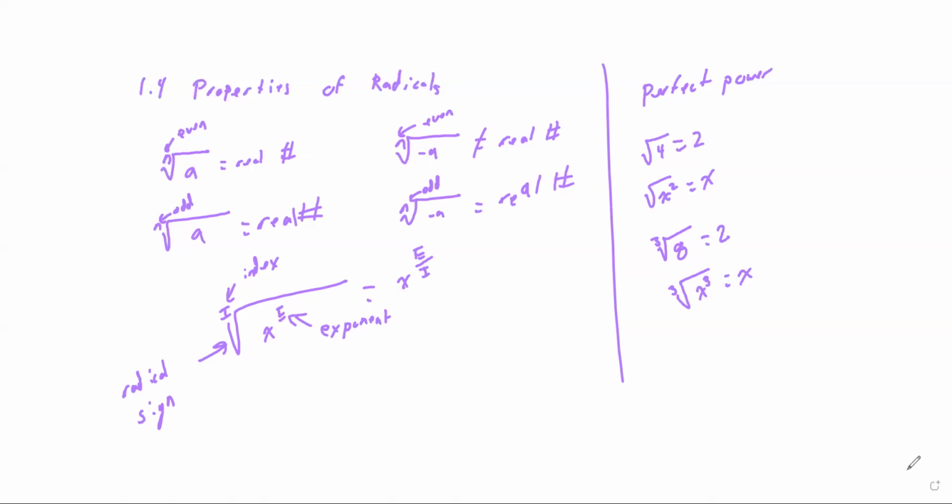And then we, of course, have some properties to go with this. So the properties are, if I have multiplication going on inside of a radical, I can separate it. But what's even bigger is if I am multiplying two radicals and they have the same index, I can put it in as one big square root.